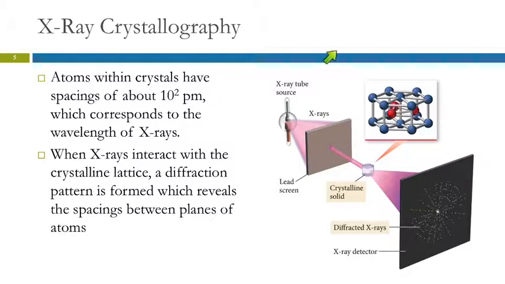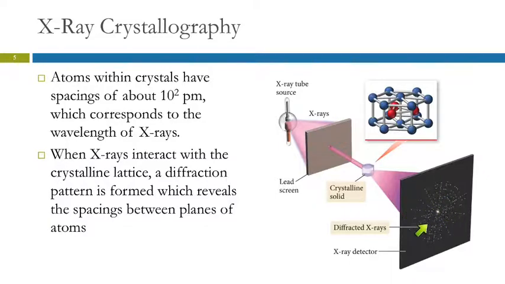As the X-rays go through, this acts like a series of slits, and the X-rays are diffracted. Their waves interact with each other, just like the light did in that box.